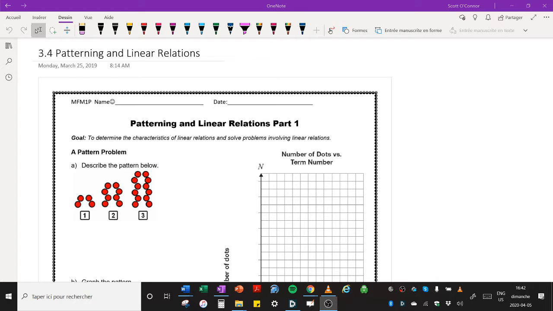All right, so let's look at this first pattern problem. We have here a pattern, you can see with the red circles. It says describe the pattern below. So if I were to describe using words, I would look and I would say, what did it start at? Okay, so the pattern starts with 4 dots.